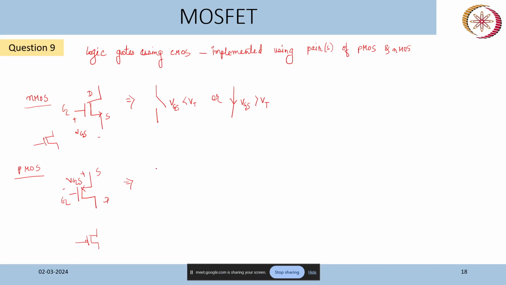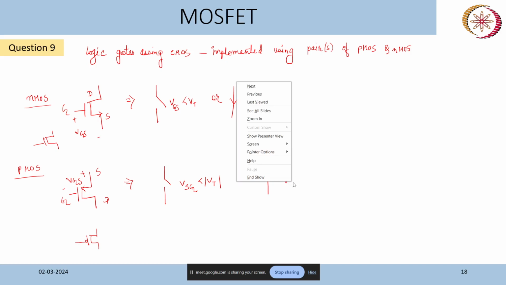So how will it behave in logic gates or as a switch? It will behave like an open circuit when VSG is less than mod of VT. I'm using the conventional notation: whatever letter is written at the beginning, that is the positive terminal. Or it will behave like a short circuit if VSG is greater than mod of VT.